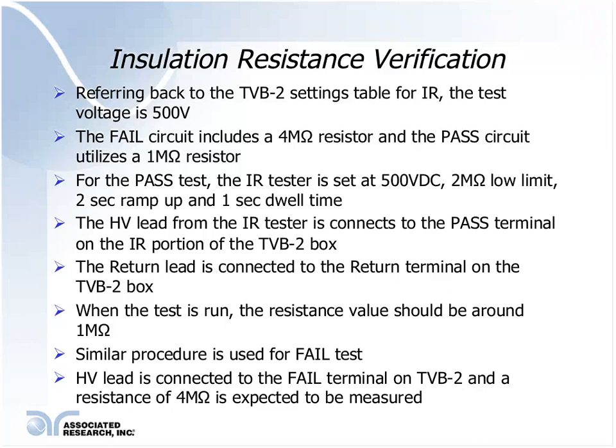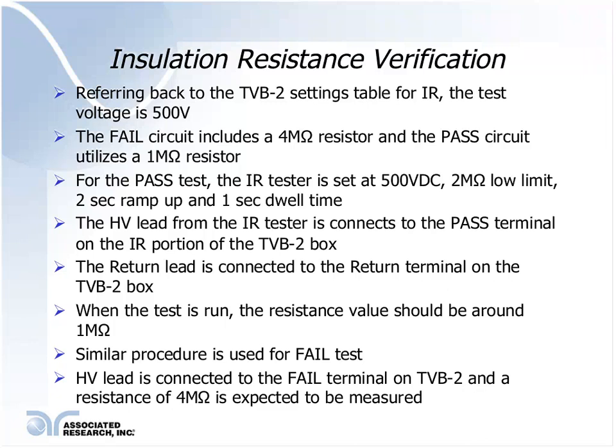Remember, the fail side is utilizing a 4 mega ohm resistor, and if this is what the unit will read, anything close to 4 mega ohms, we know that it is a genuine fail, an immediate fail.